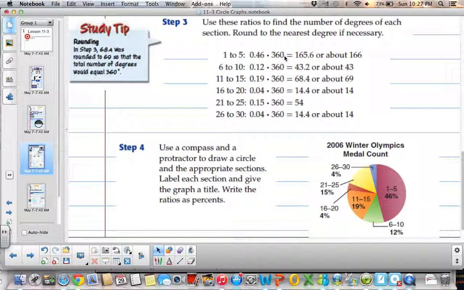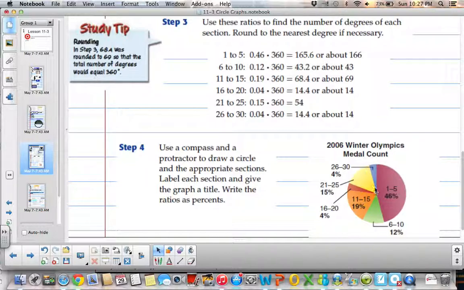So interval 1 through 5 is about 166 degrees. If I was to use my protractor, I would see that this reddish pinkish section is 166 degrees. As well, 26 to 30 is one of the smallest, and is only 14 degrees.